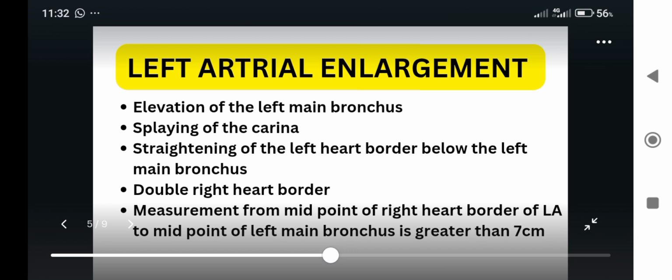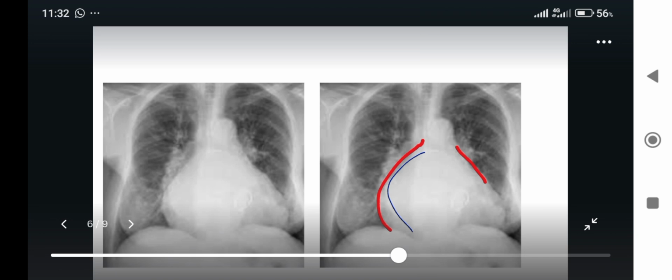You will see that in a moment. Then the last but not the least is measurement from the midpoint of the right heart border of the left atrium to the midpoint of the left main bronchus, which is greater than 7 cm. So let's look at the images to see what we talked about.